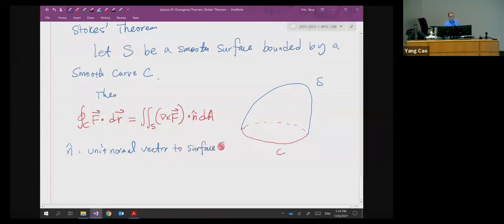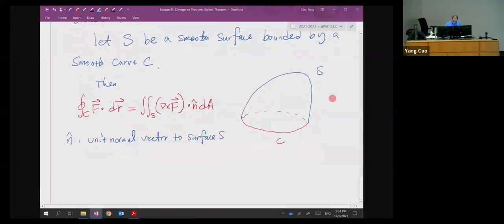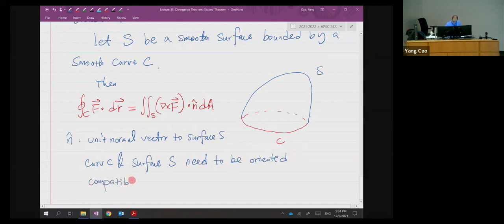Now, what I'm going to write next is very important. The curve C and surface S need to be oriented compatibly.